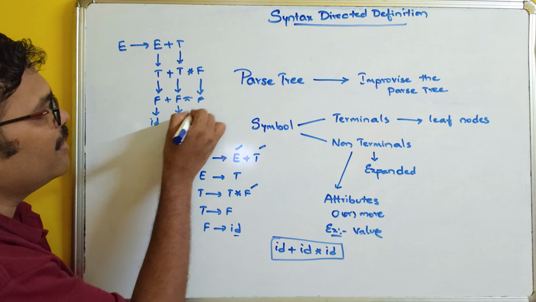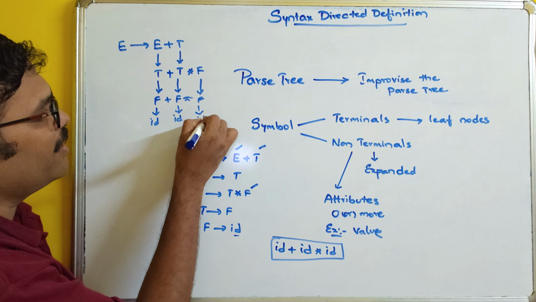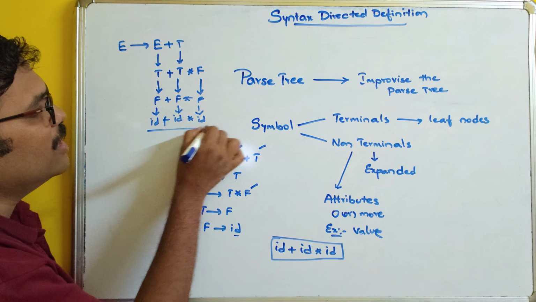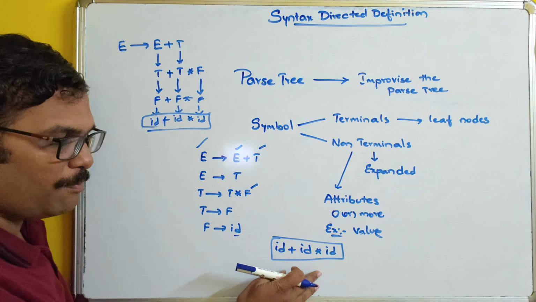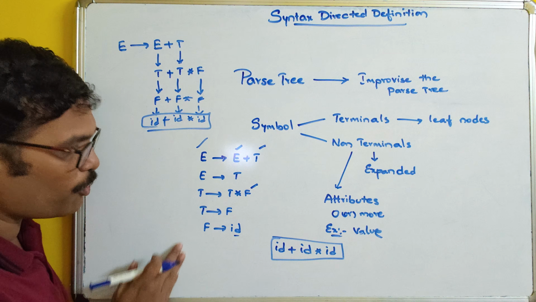So this input string can be parsed by using these productions.